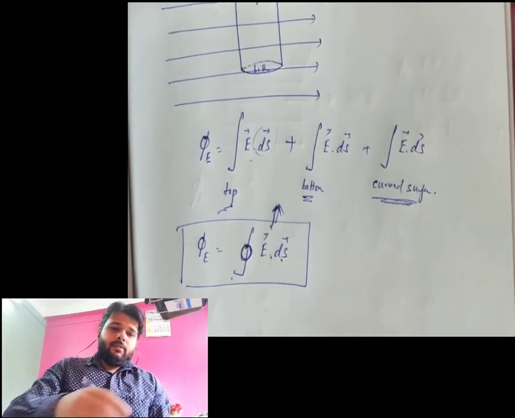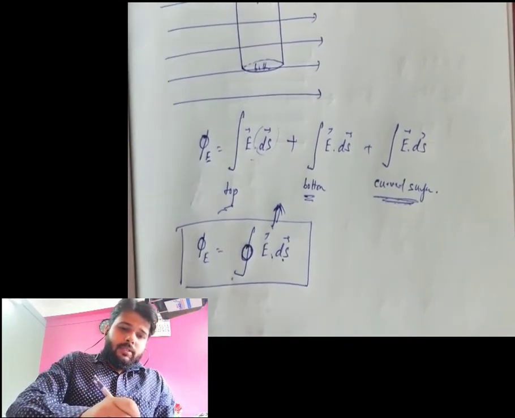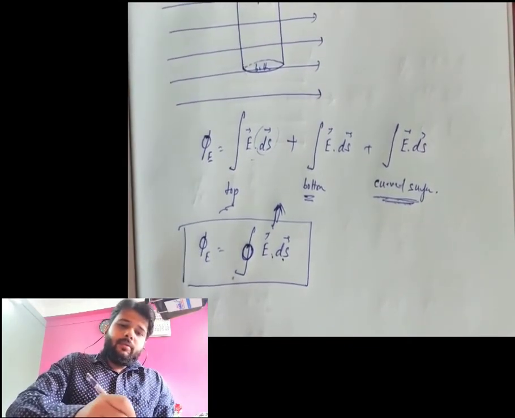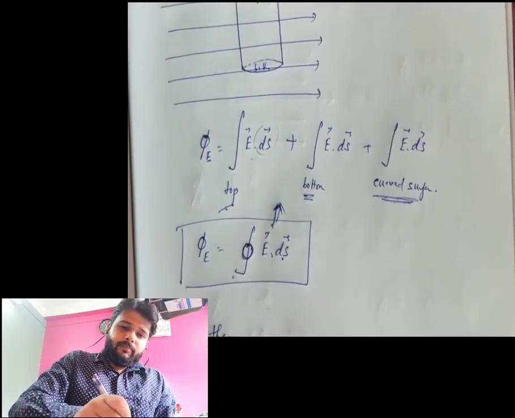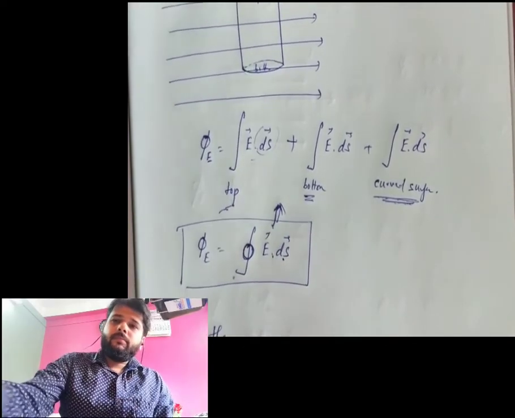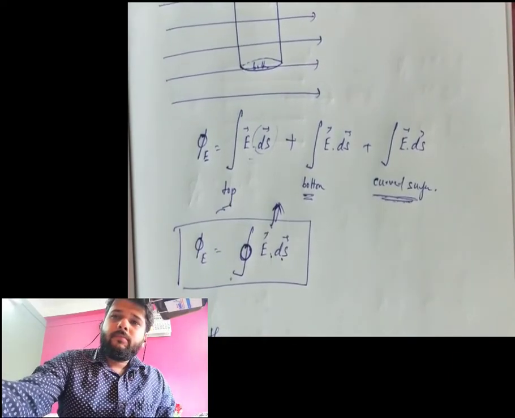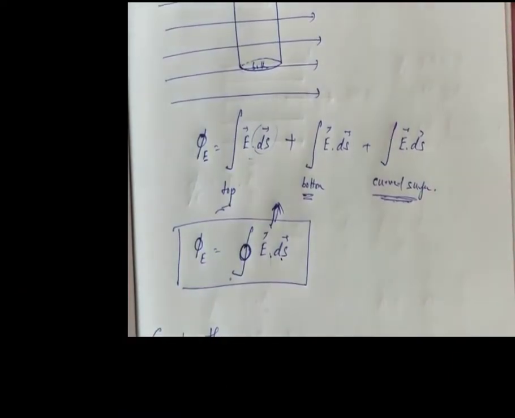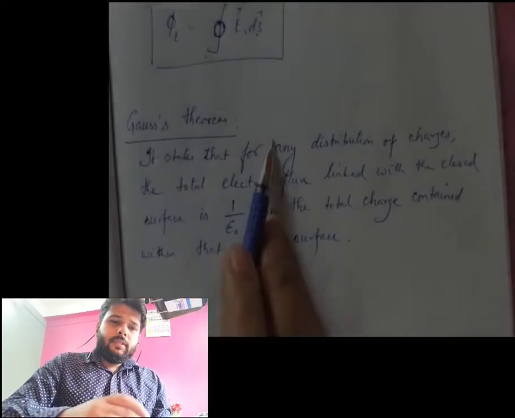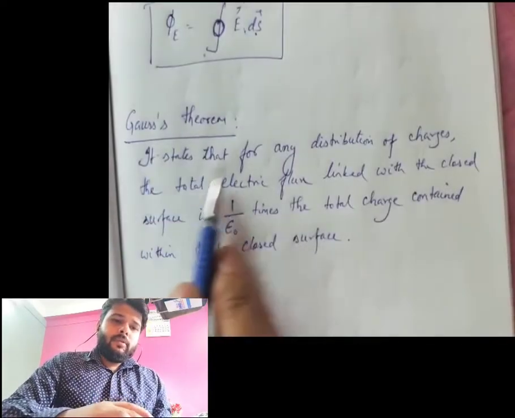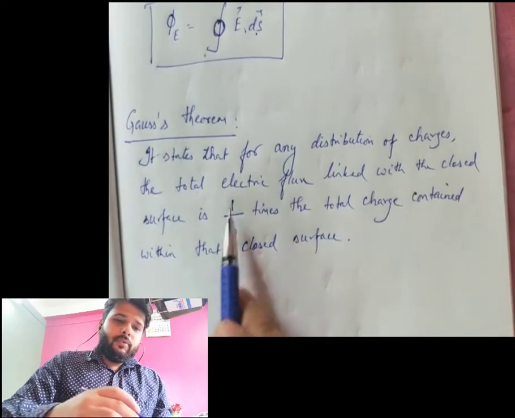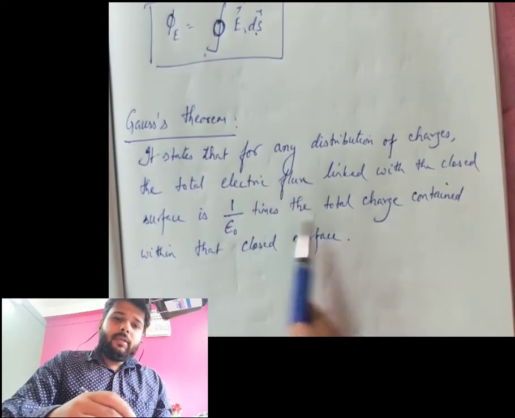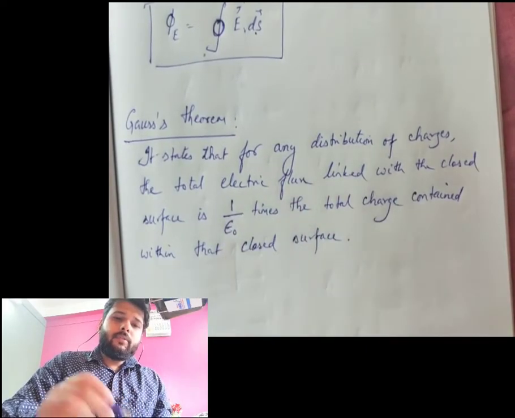Next, now we are ready to study Gauss's theorem. It states that for any distribution of charges, the total electric flux linked with the closed surface is 1 by epsilon naught times the total charge contained within that closed surface.